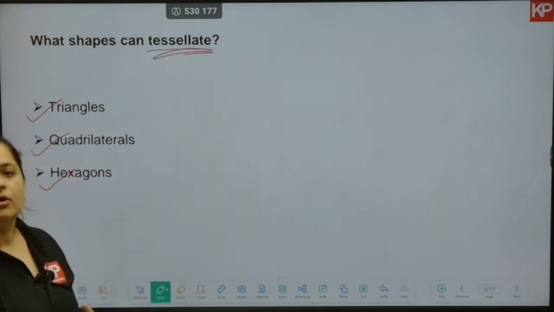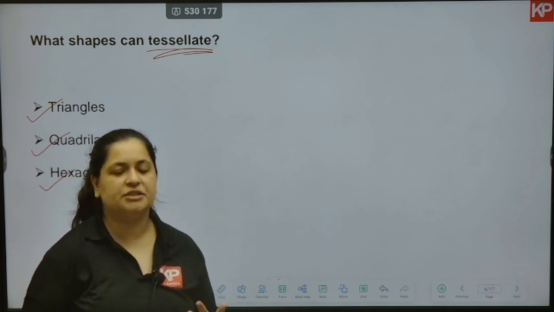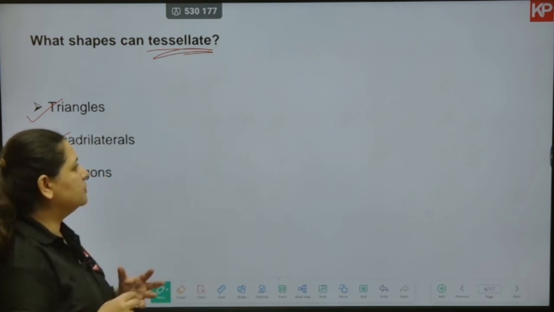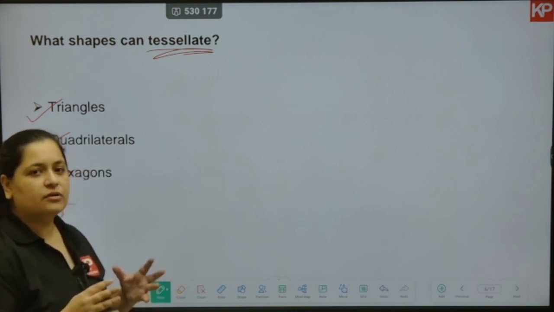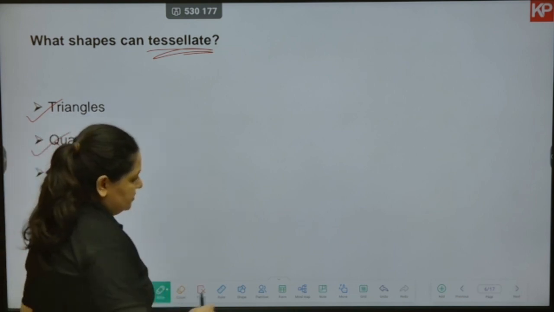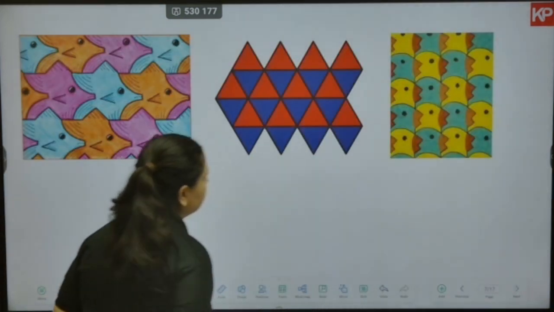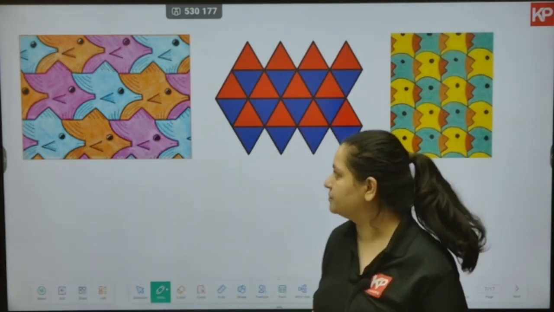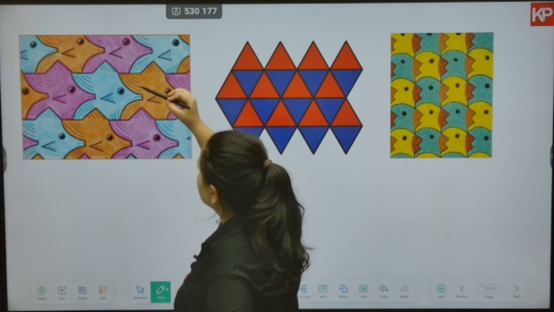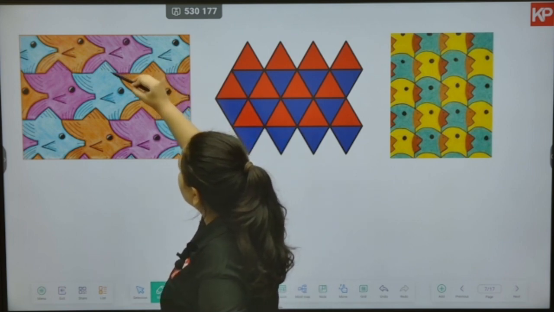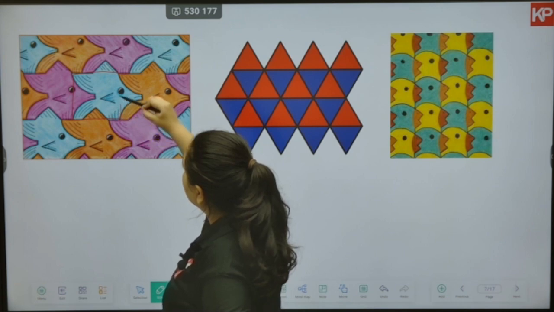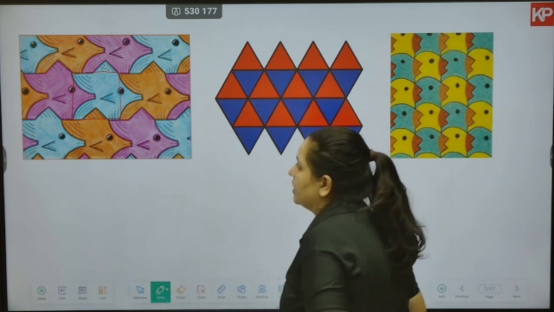Now how to check tessellation for random shapes which do not have sharp edges. For example, let's take this fish. Let's try and make a square around it and see what is happening. For example, this is the square that I am making around it.